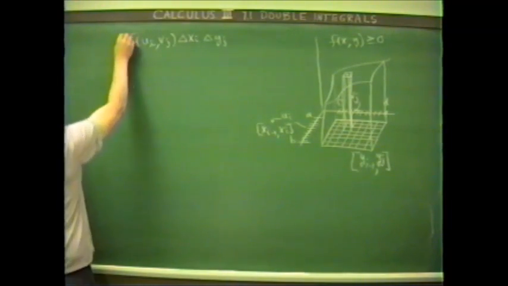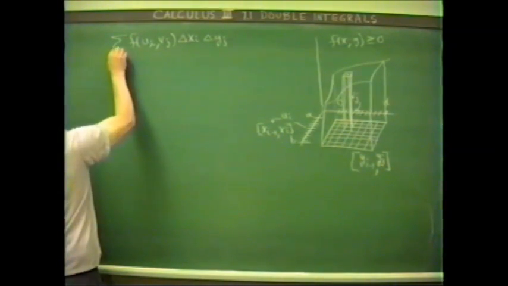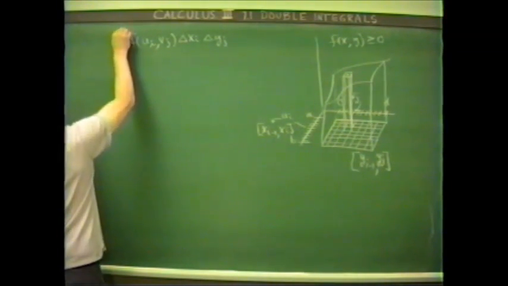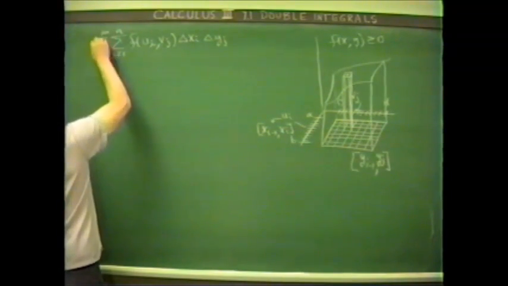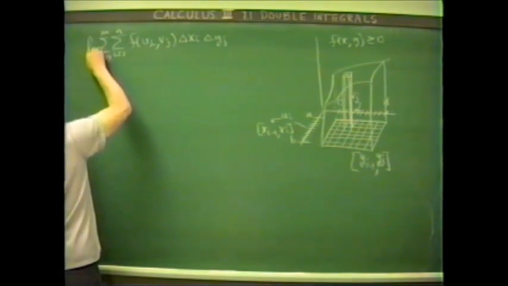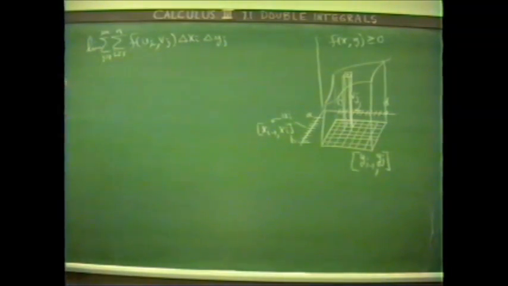All right, what we want to do with this then is add this up, i going from 1 through n, let's say, and j going from 1 through m, and then take the limit as the norms of these partitions go to 0.